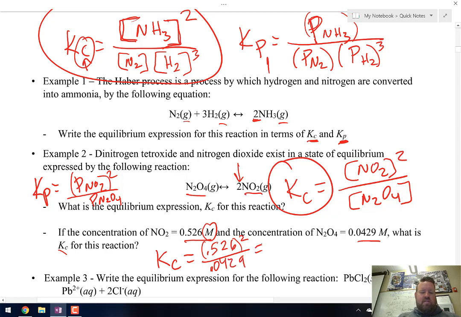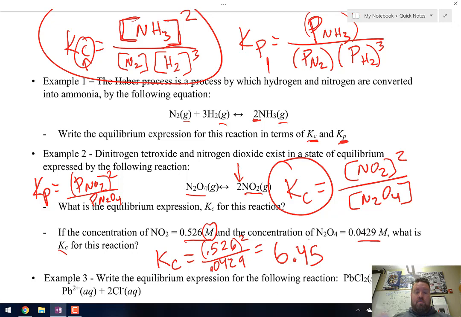So 0.526 squared, don't forget to square it, divided by 0.0429 is equal to 6.45. That is our equilibrium constant value based on the values they've given us.